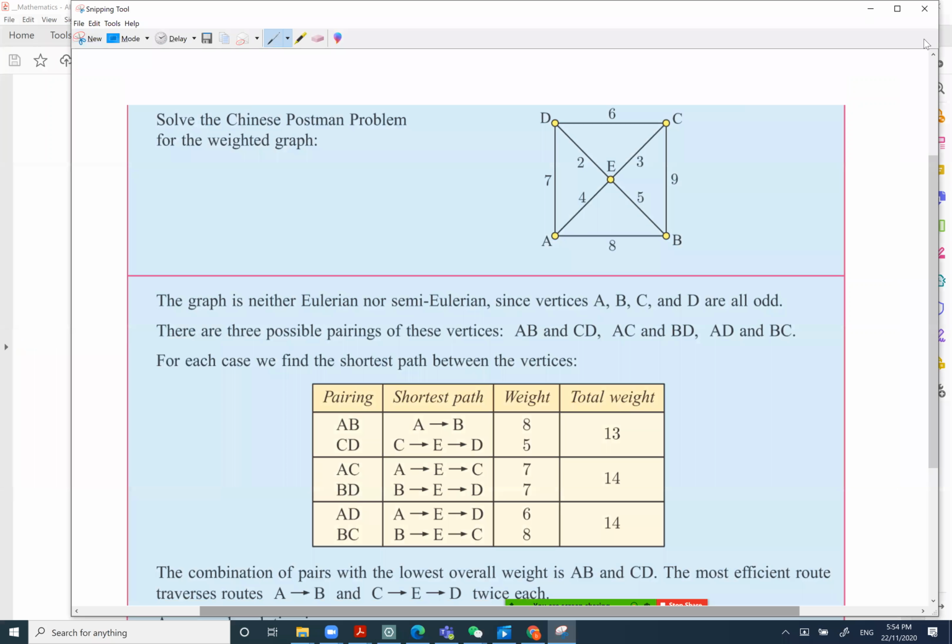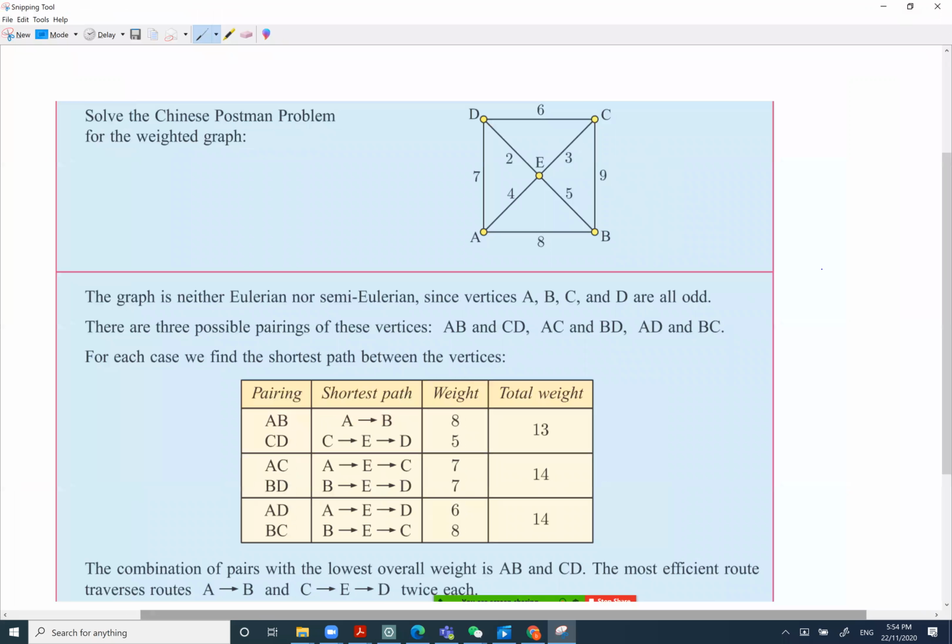That's what they wrote here. It's not Eulerian or semi-Eulerian, because they are odd degree. There are 3 possible pairs of the vertices: AB, CD, just pairing AB, CD, or AC, BD, or AD, BC.